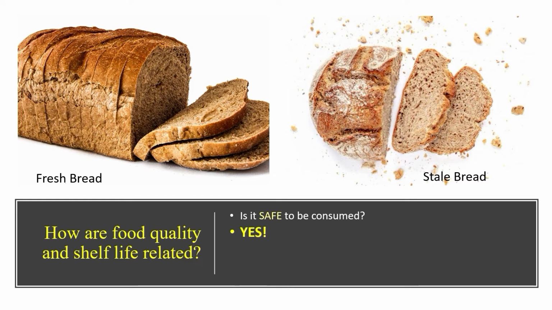It's still safe. But will you buy it? For sure, the answer is no. Why would I buy a bread at the same price, when the quality is lower than the fresh one? Isn't it?